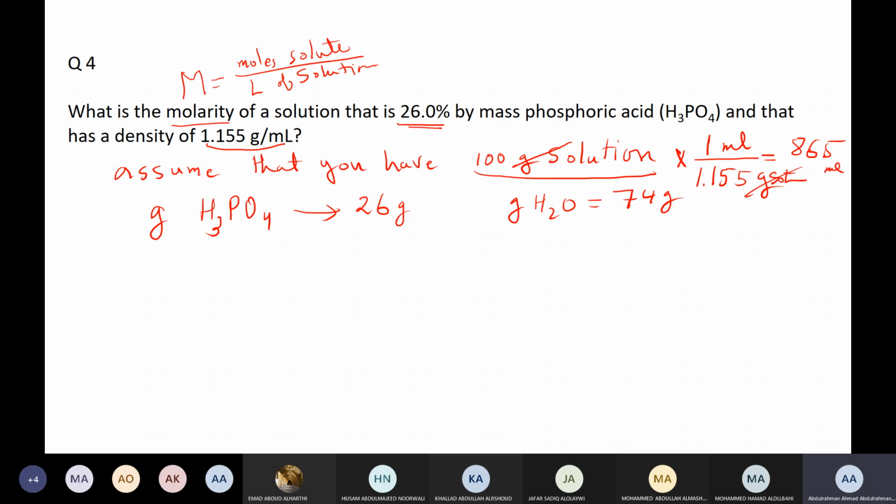Change it to liter: 0.0865 liter. That's the volume. Done with the volume, which is liter solution.